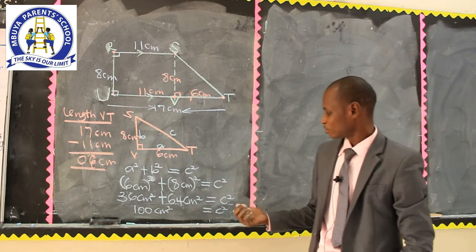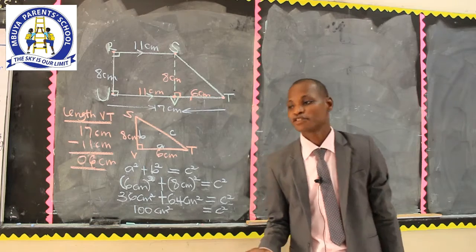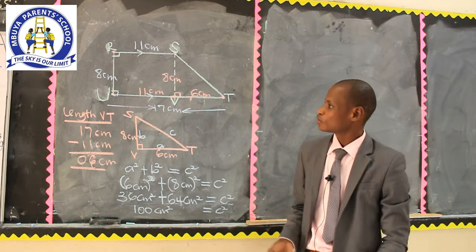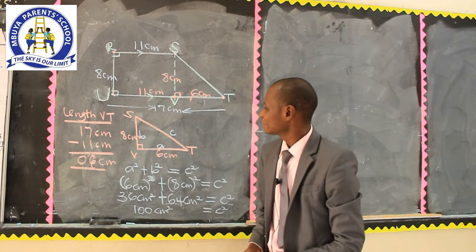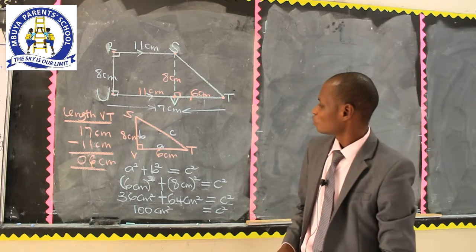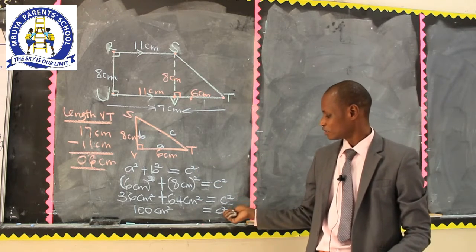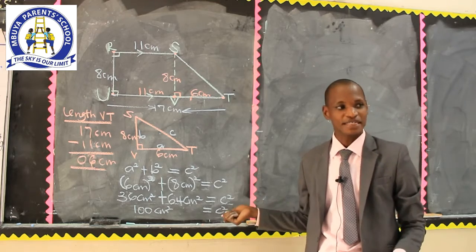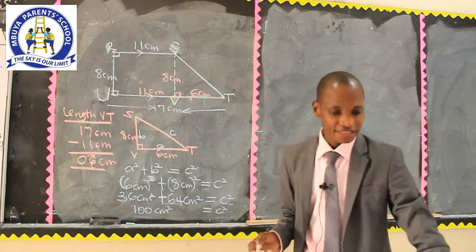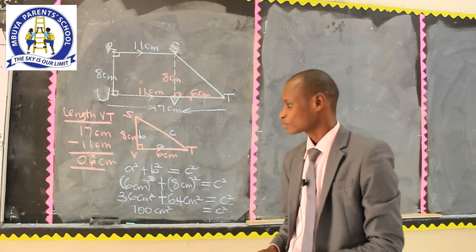From that point, we are supposed to eliminate the square part of it, because the question requires us to get length ST, which we have given letter C. But in our calculation, we have C squared. So we have to eliminate the square part of it.